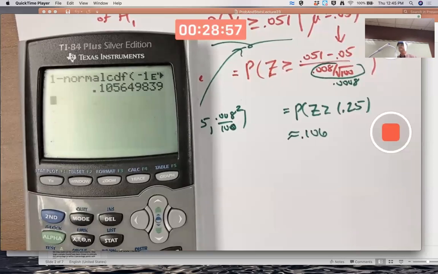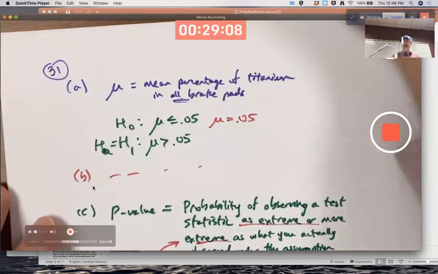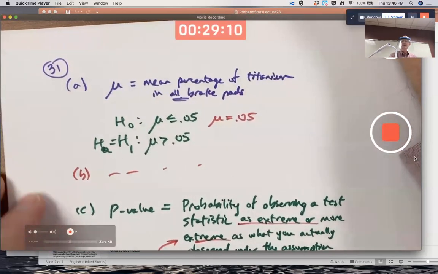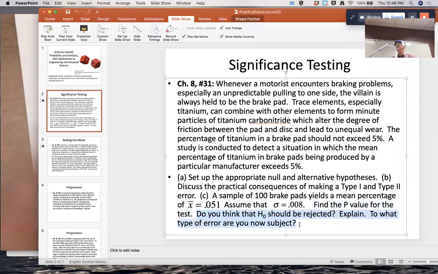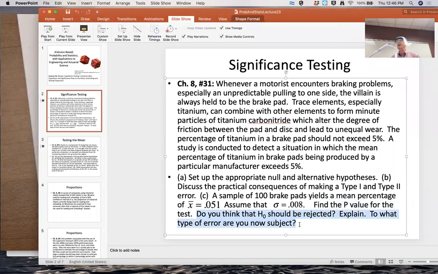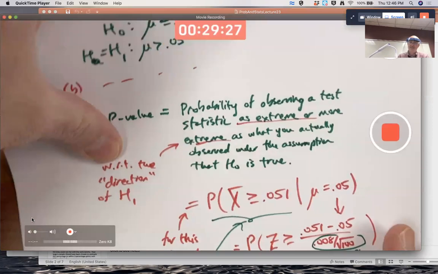Small, but not outlandishly small, you might say. Is it small enough to reject the null? It's actually up to you. The answer to reject the null is actually a matter of opinion. Hey, you're the one making the decision anyway. If you're desperate to reject that null, you look at that p-value and you say, that's small enough for me.